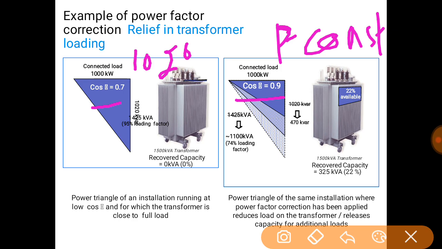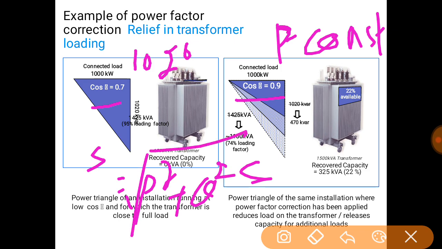Now you can calculate the value of S, apparent power. Here S is equal to the square root of P squared plus Q squared. Here also P1 squared plus Q1 squared.